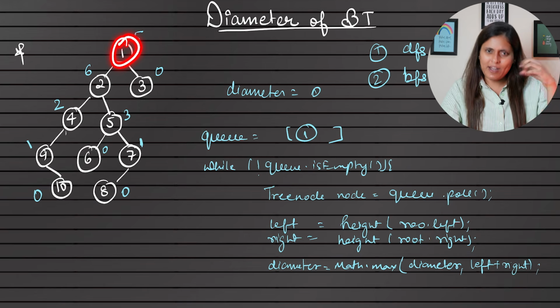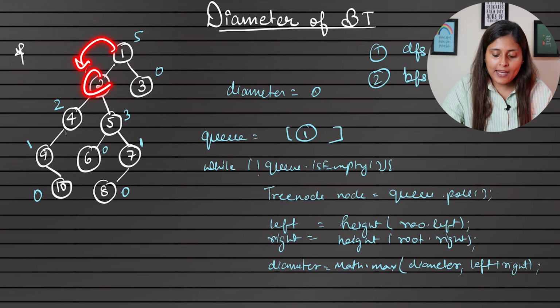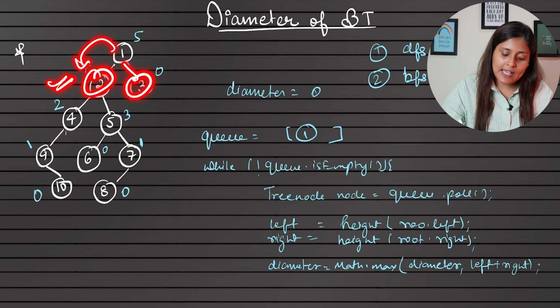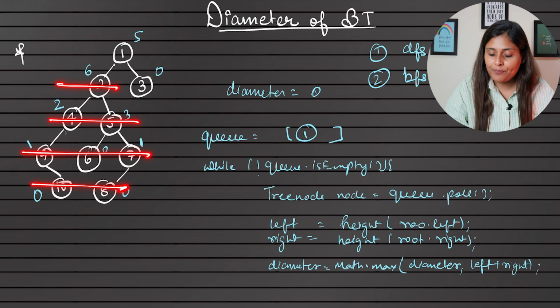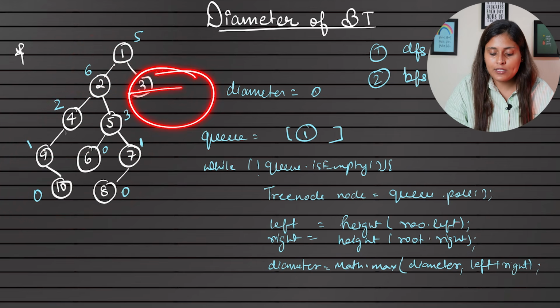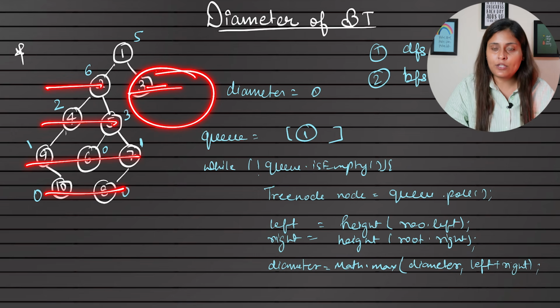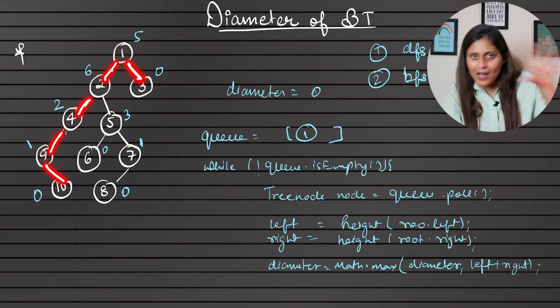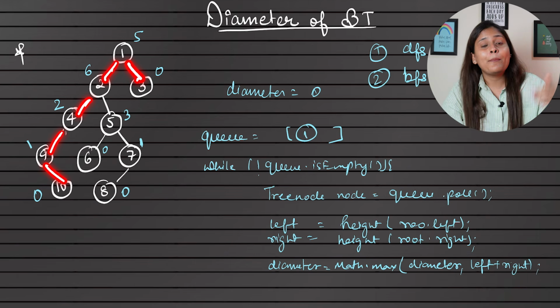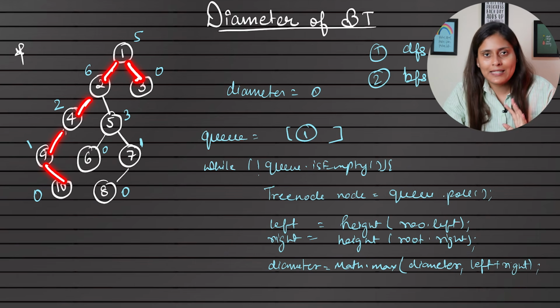But I have called one height function for the left side and for the right side. The left side has given me how many levels I have, because levels are nothing but height. And from here also 1. So this side 4, this side 1. So in total 5. And that's what I got. 1, 2, 3, 4, 5, or else 1, 2, 3, 4, 5. It does not matter which path you are choosing. But what is necessary is that you choose the longest path.